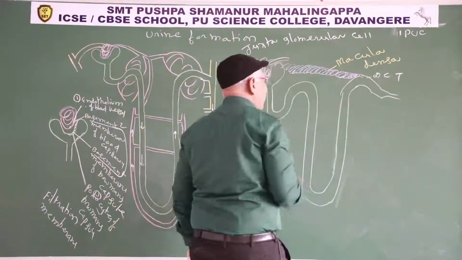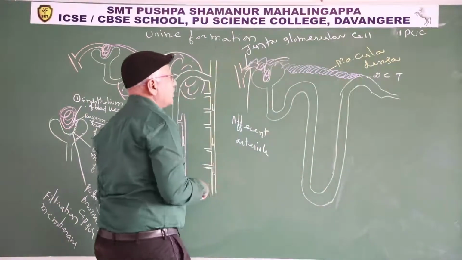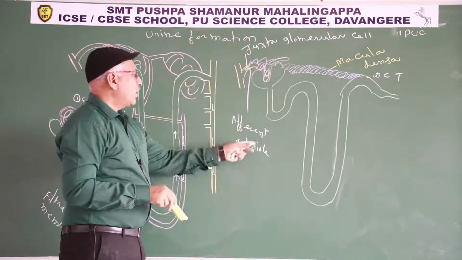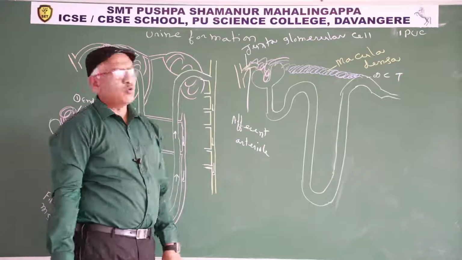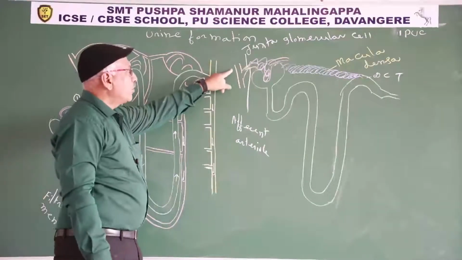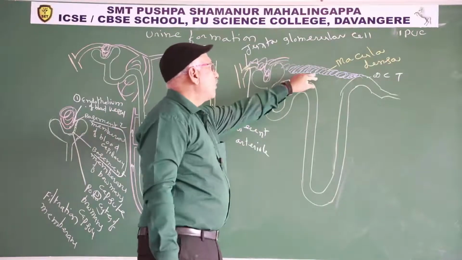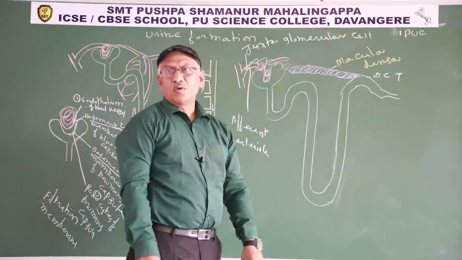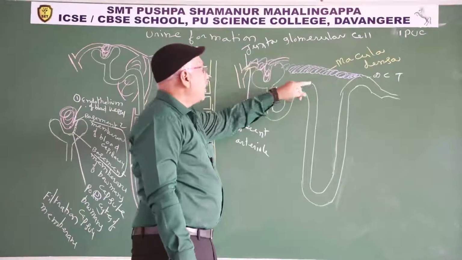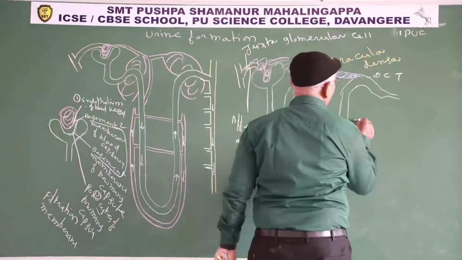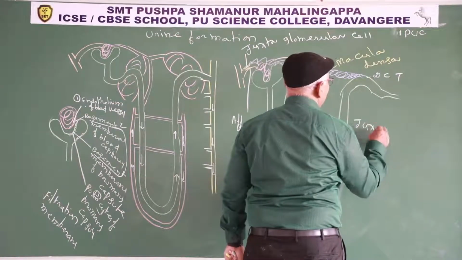Juxtaglomerular cells and macula densa are connected. Macula densa and juxtaglomerular cells together are known as juxtaglomerular apparatus.